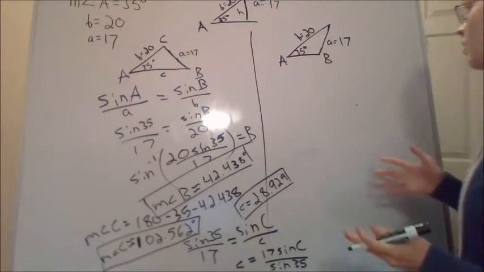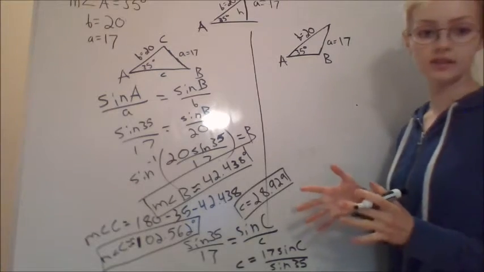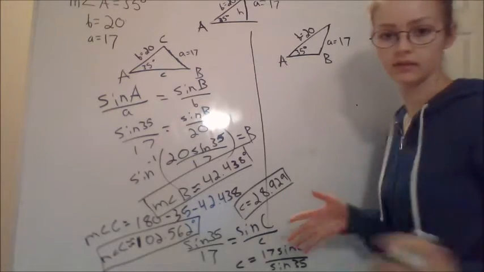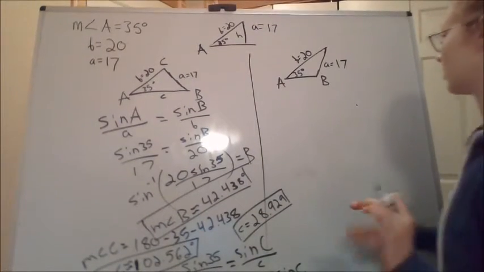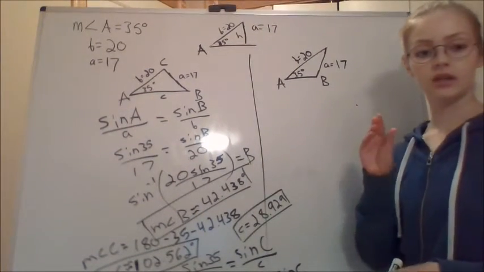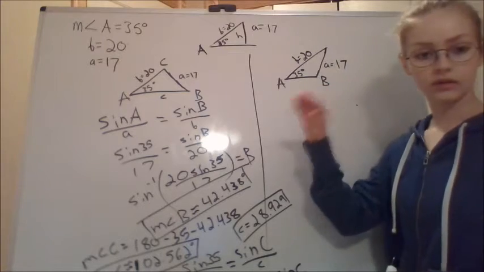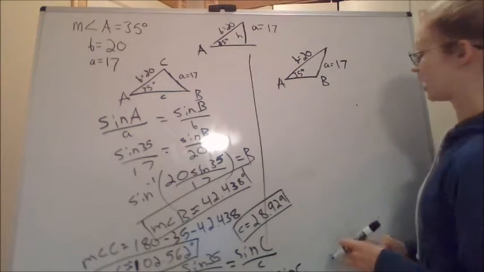And to figure this out, we can also use the law of sines, but we have to keep in mind that our calculator is going to give us the small acute B as a default.